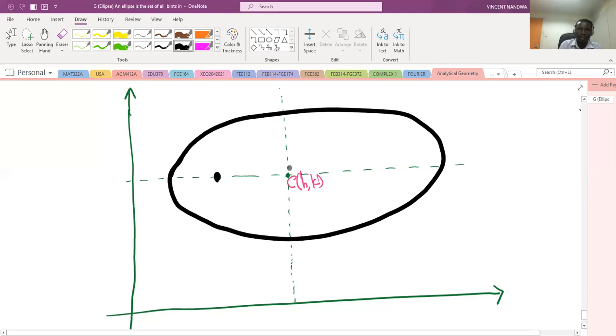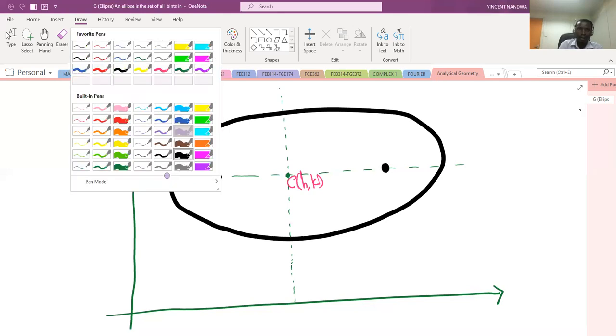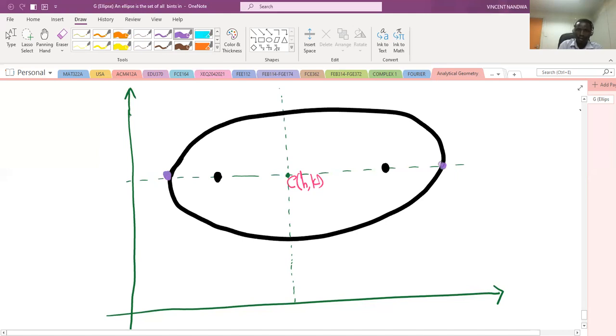So these are the foci, and let these be the vertices. And so let's label these as F1, F2, V1, V2.